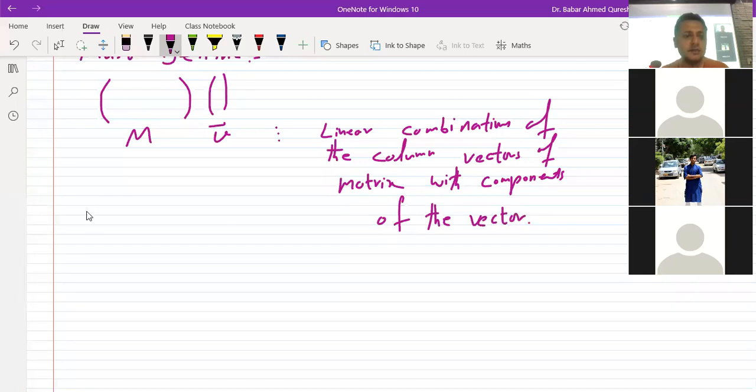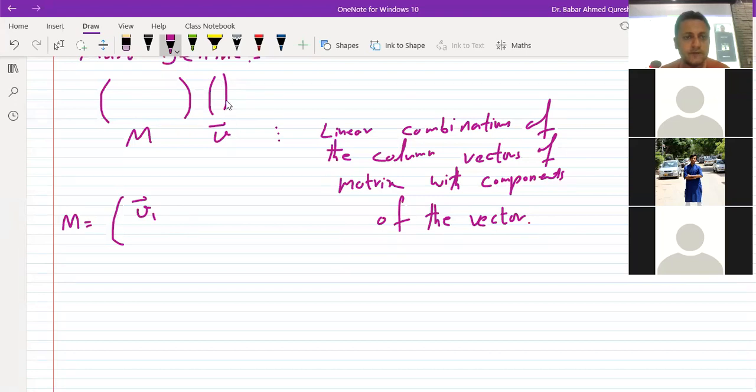So that means I can write, because a matrix is a bunch of columns. You can think of it as a bunch of columns. So I can write them as V1, V2, and so on.